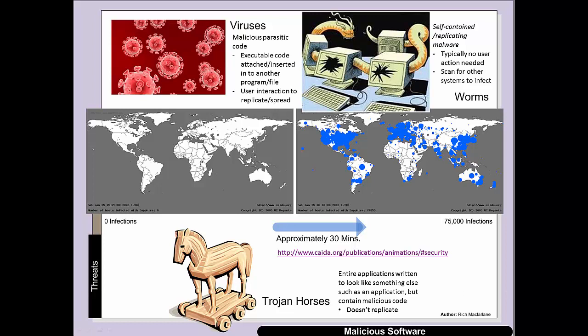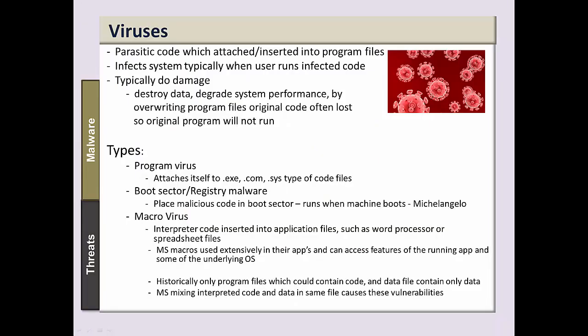They're usually used to get onto a system and infect it in some way, or deliver an exploit or some other piece of malware, a bit like a Trojan horse from history.